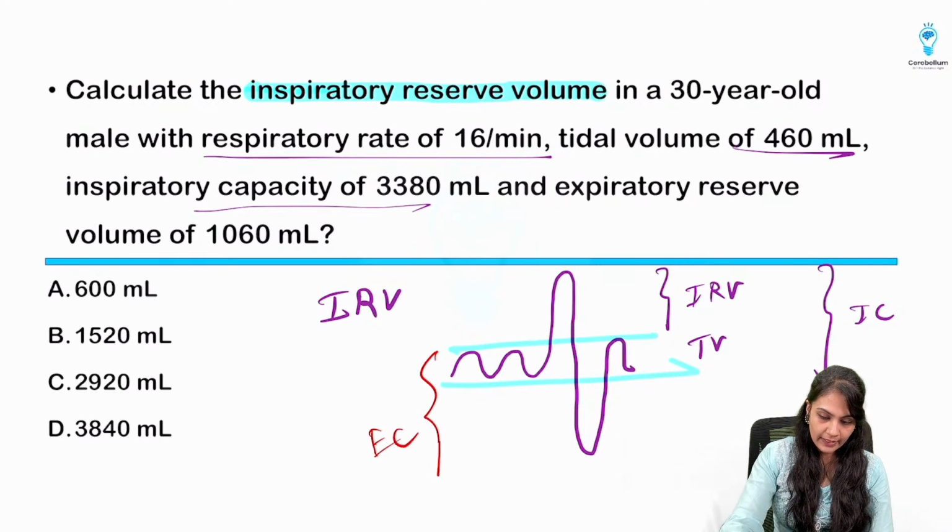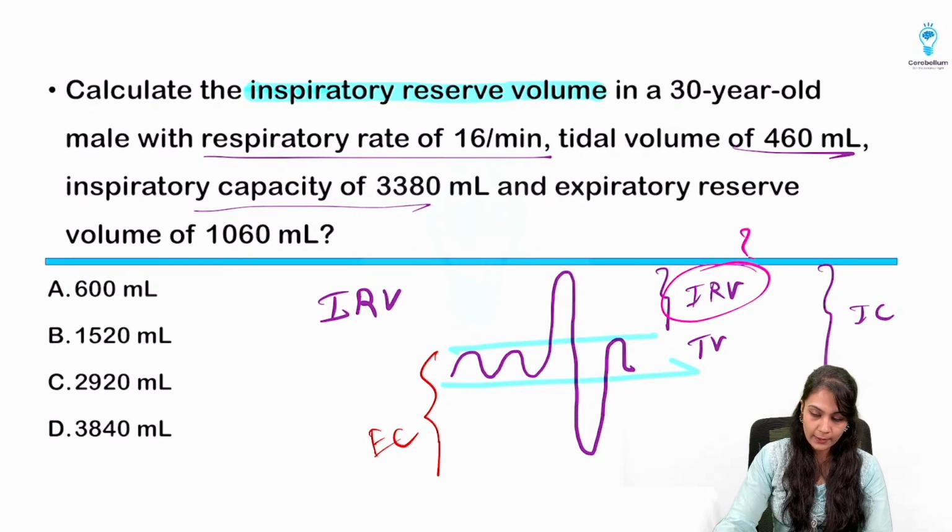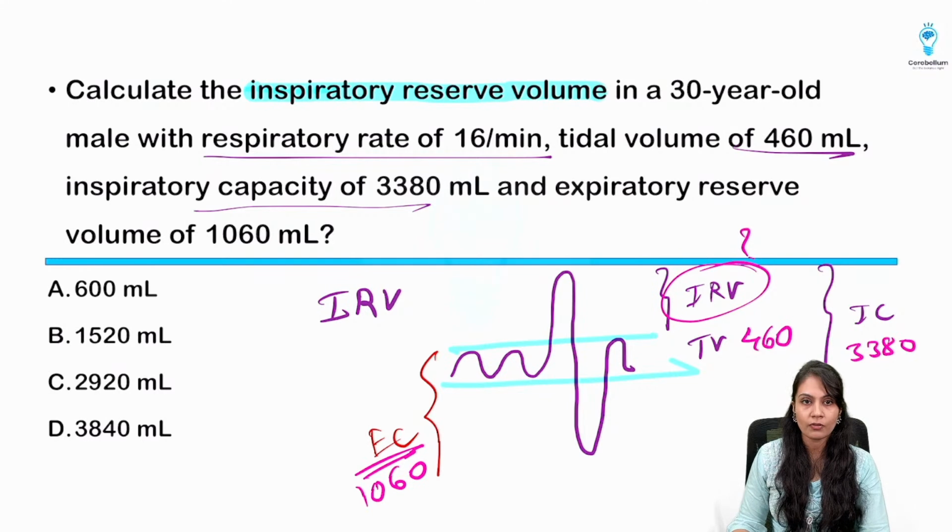Now if I write the values over here, you'll quickly understand what we have to do. They have asked about the inspiratory reserve volume. They have asked this one, what will be this, right? Inspiratory capacity over here is 3380, and the tidal volume they have given is 460, right? The EC is given 1060, but this is unnecessary information.